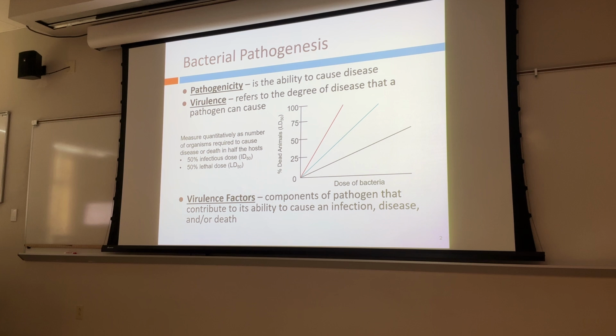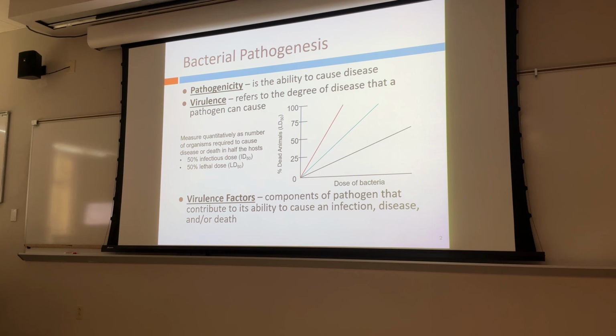Now, in the past, in Gen Micro, you should have this too. The difference between infectious dose and lethal dose. What's an ID 50? Do you remember what infectious dose 50 is? To get 50% of people sick. Right.